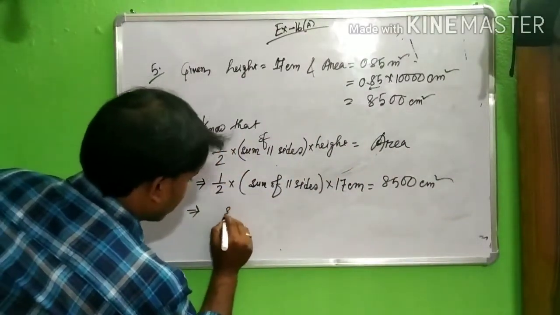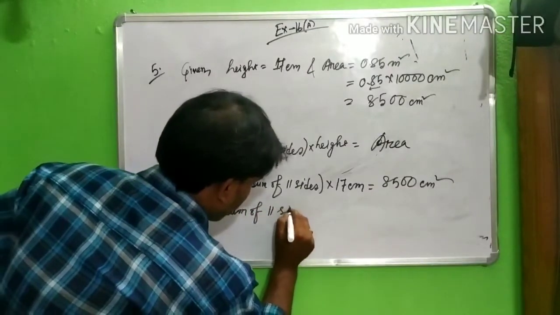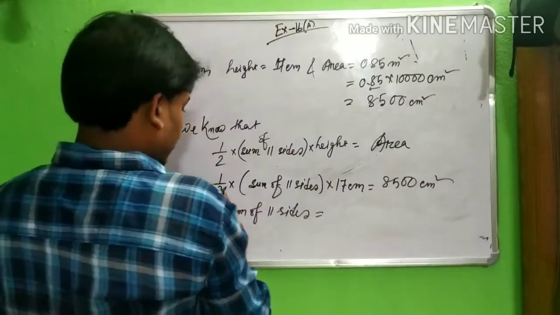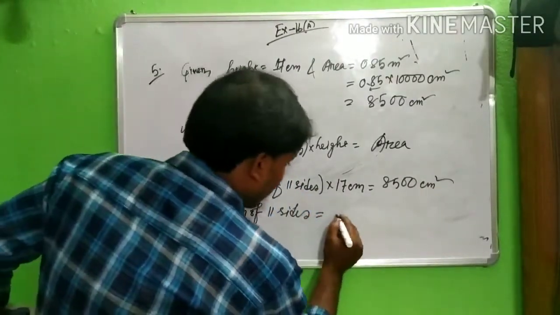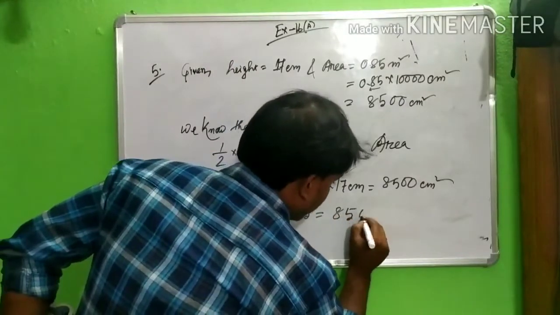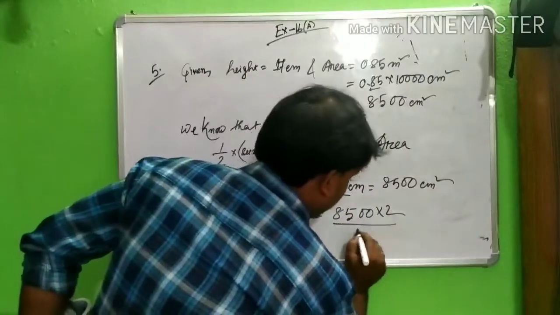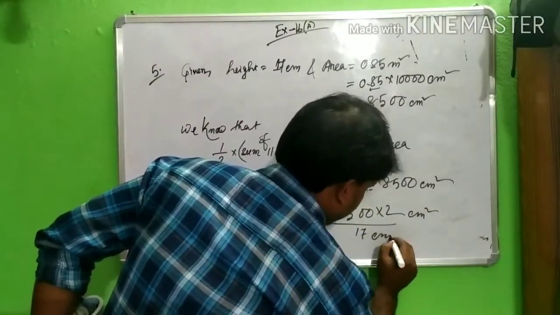This implies the sum of parallel sides equals, so this 2 goes to this side and it becomes multiplied: 8500 into 2 and 17 divided by 70 centimeter square by 17 centimeters.